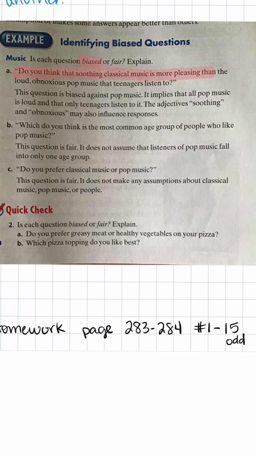You're saying that pop music is loud and obnoxious. So that doesn't sound like it's a fair question to ask. So this question is biased against pop music. It implies that all pop music is loud and that only teenagers listen to it. The adjectives soothing and obnoxious may also influence responses.